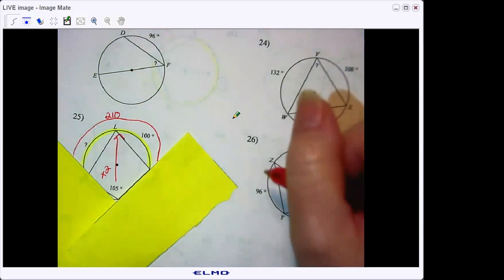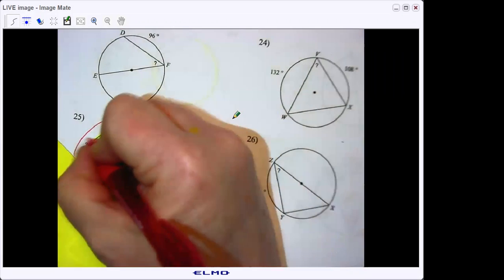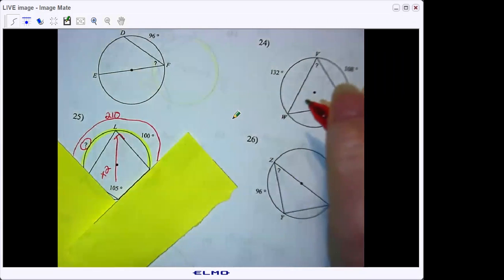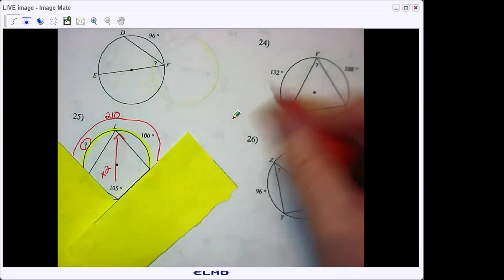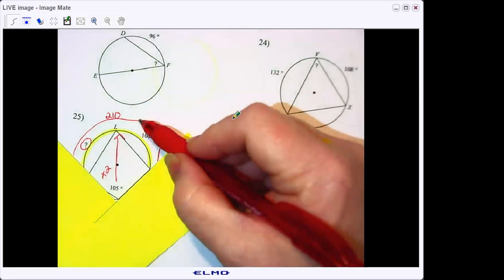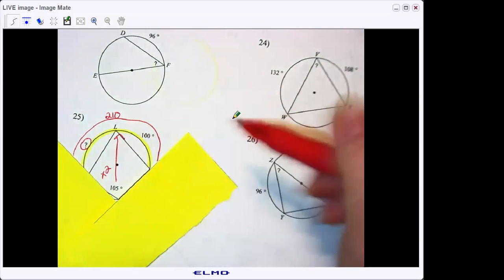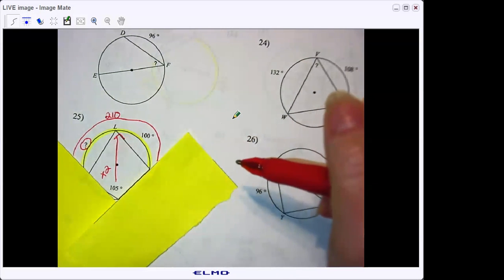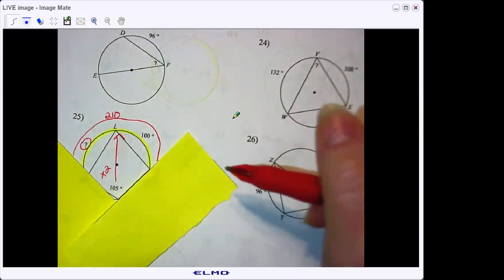So now if you haven't done so, go ahead and put the answer for the arc we're trying to find. Remember, we're going to take what we have and subtract off what we've been given to find the leftover that we're trying to find.